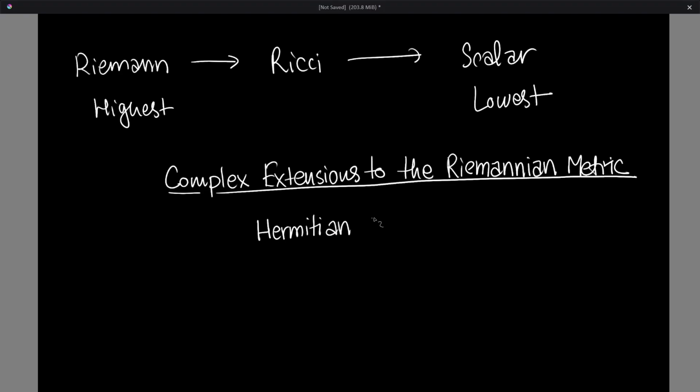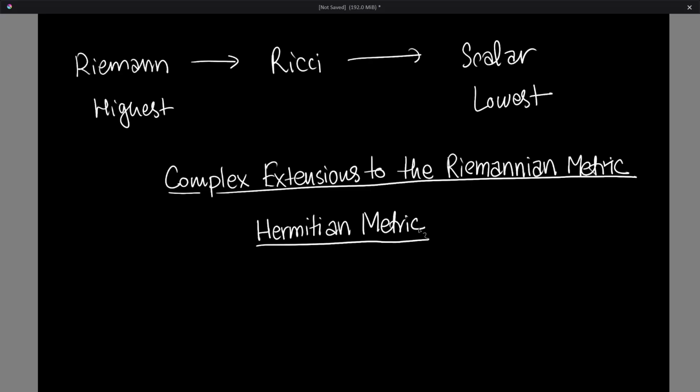And the differences between the Riemannian metric and the Hermitian metric come from basically the requirements of the complex space. One thing is that remember we defined lengths, right? And there's not really a good geometric interpretation of a length if it's not a real number.